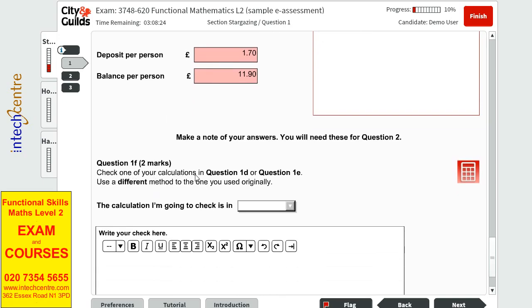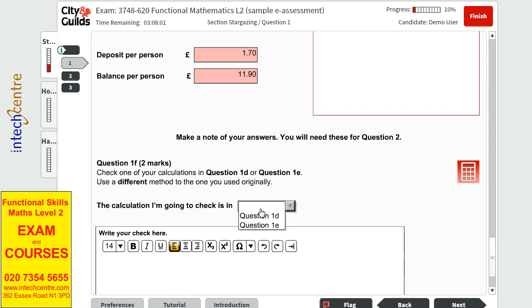Question 1F, we have to check one of the calculations in 1D, 1E. I would advise you to make sure you always show your check of calculation, as you can easily get the 2 marks. And this will definitely come up in the exam. So knowing how to do a check of calculation is important. For 1D, 1E, you have to use a different method to the one you used originally.